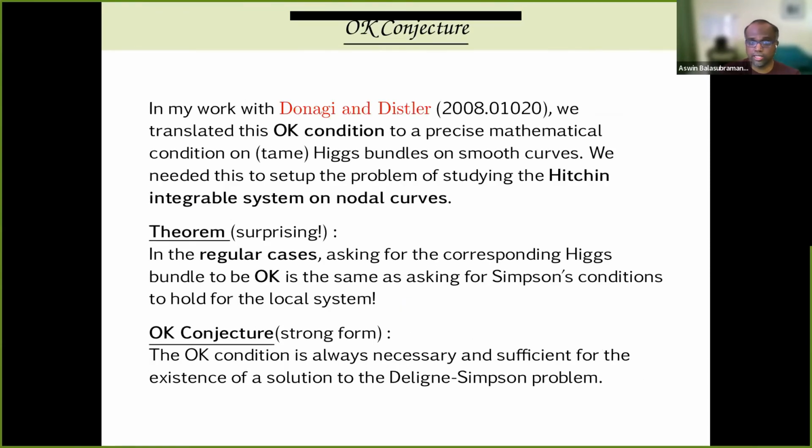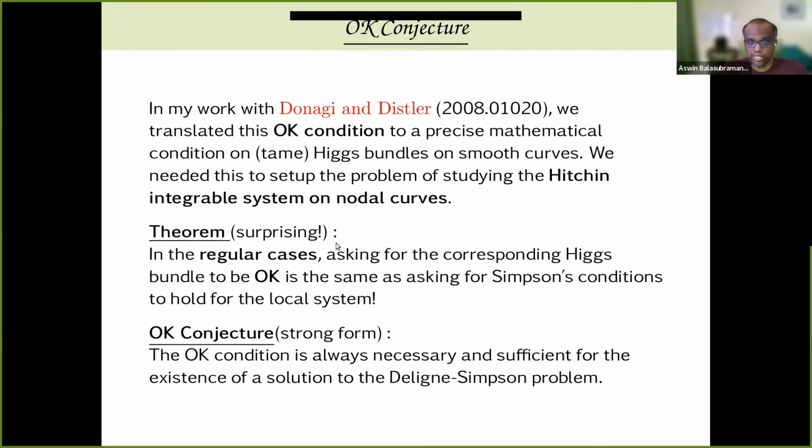So in some work that I did with Ron Donagi and Jacques Distler, we had to translate what this okay condition meant in precise mathematical terms to the language of Higgs bundles on smooth curves. We needed this as a preliminary first step to set up the problem of studying the Hitchin integrable systems on nodal curves, which are singular curves. That's the main problem we were studying, and the paper is mainly about that.